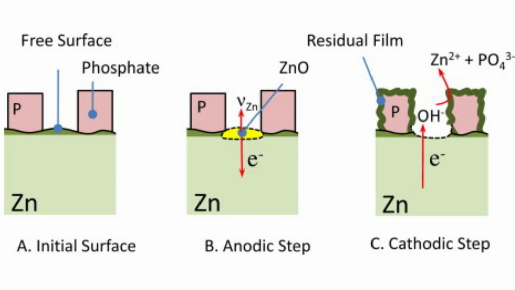The cathodic and anodic phosphate coating on mild steel components have been reported to improve the adhesion of paints applied on the metal.